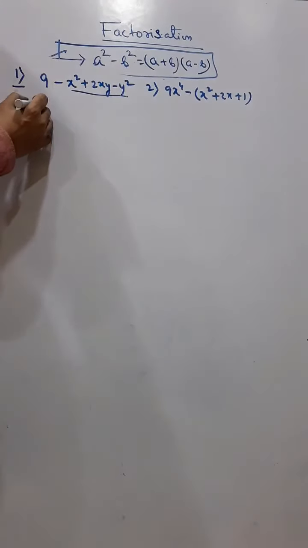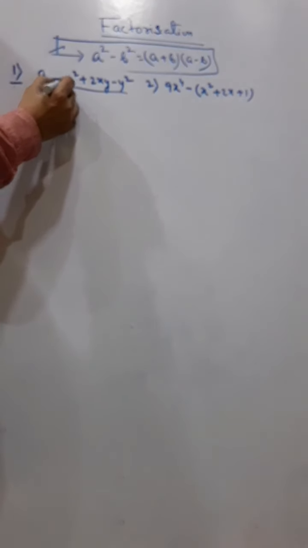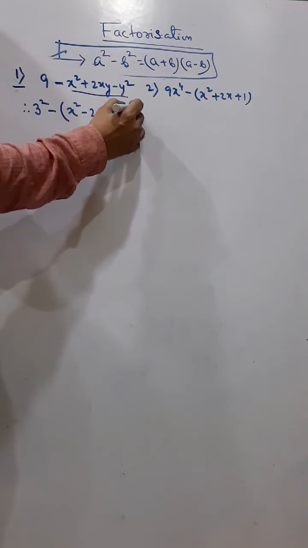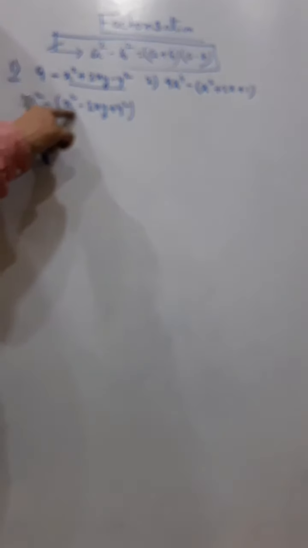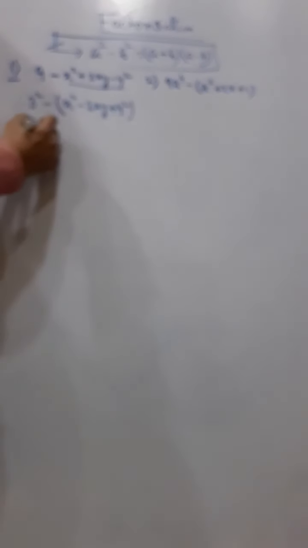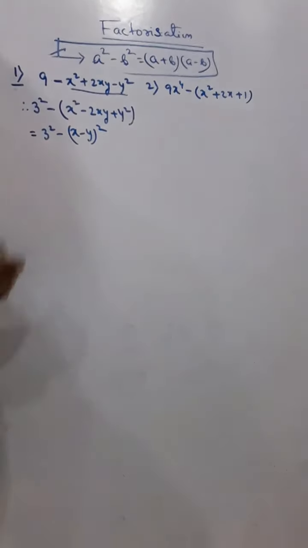So this 9 I can write as 3 square, and here I have told you it is minus, so we should take minus common. Now this becomes x square minus 2xy plus y square. So again a square minus 2ab plus b square format. What I get is 3 square, and this one I get x minus y whole square.